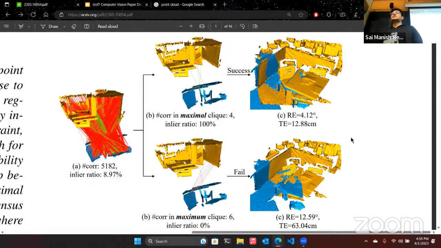I'm a bit confused why this works better than deep learning approaches, because you're just crafting features over here. If the feature is as simple as just getting the maximal clique, shouldn't the network be trained to get the maximal clique already?